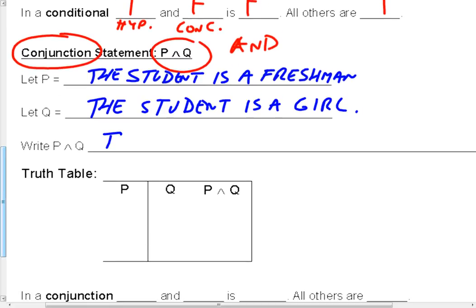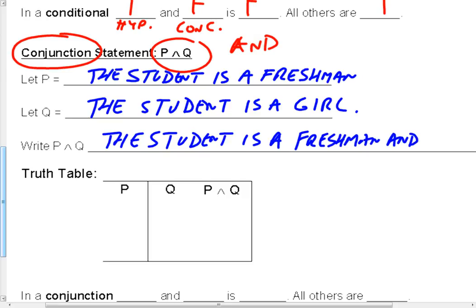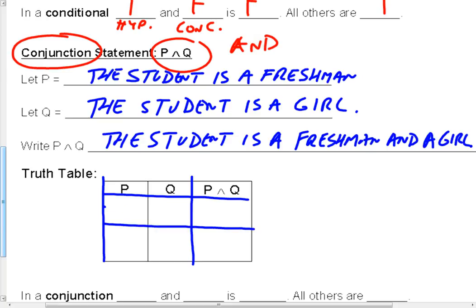And then we'll write the student is a freshman and a girl. Do all of your sheets have lines like this? It's just me?